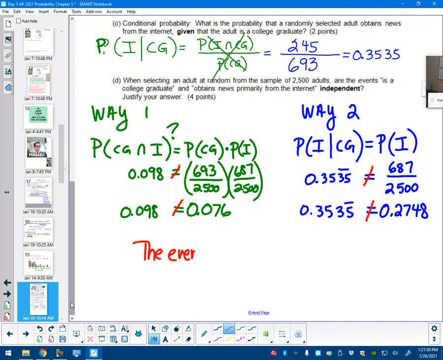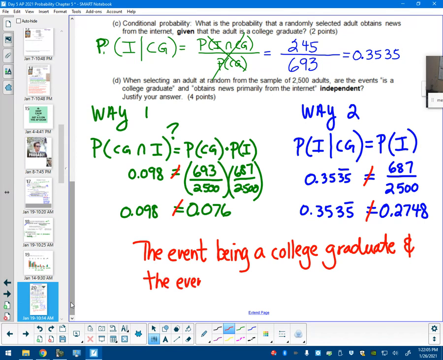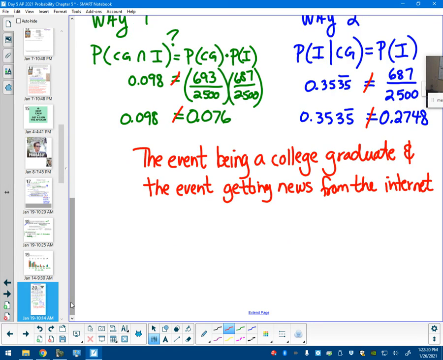The event being a college graduate and the event getting news from the internet are not independent.